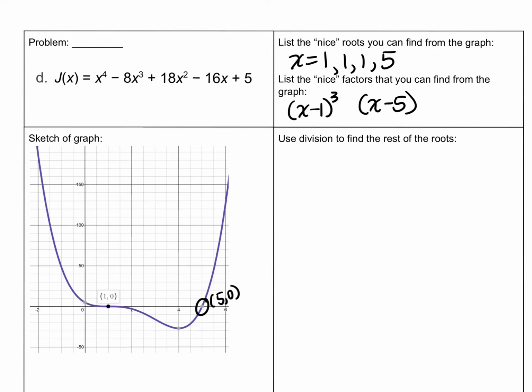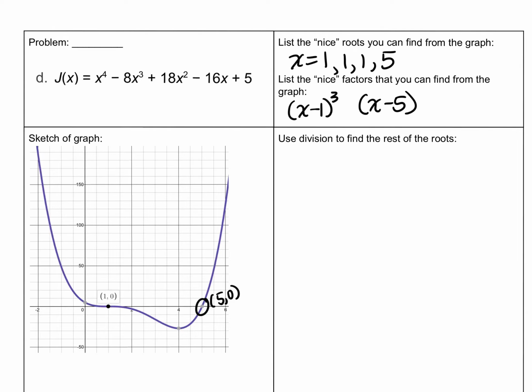Remember, we said that when you have a slide in a polynomial, it almost looks like a cubic graph right around that root. And we can see that cubic shape in the graph right there. If we had just looked at that part of the graph, it looks like a cubic graph. That indicates that that root is a triple root, which means that it'll have a 3 at the least.